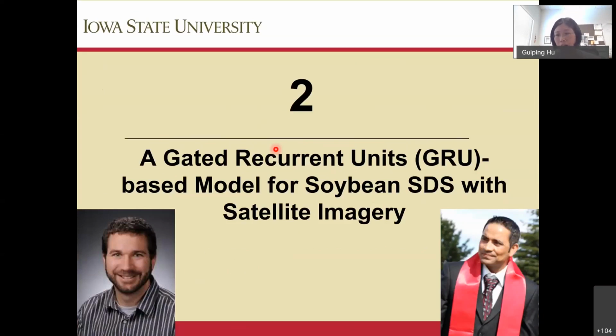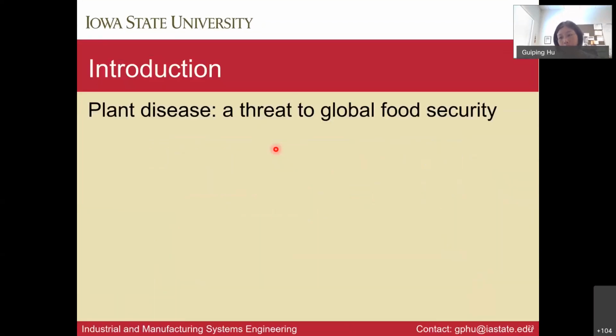So you may be wondering, well, why are you talking about image analysis, right? Again, I'm trying to get to some system view, because when I was talking to the soybean farmers, this is one of the most important things they worry about: plant disease.